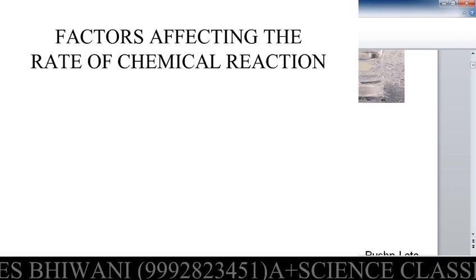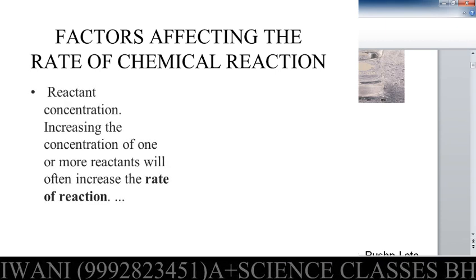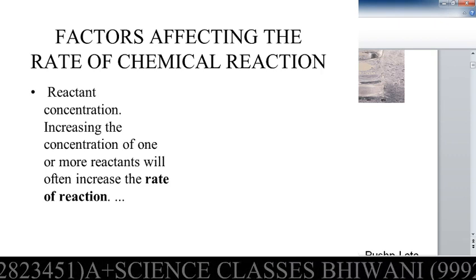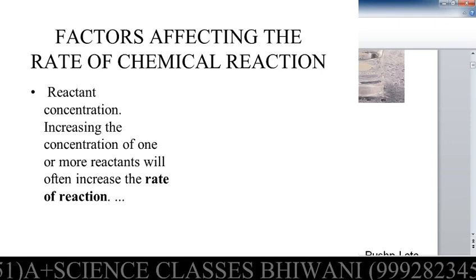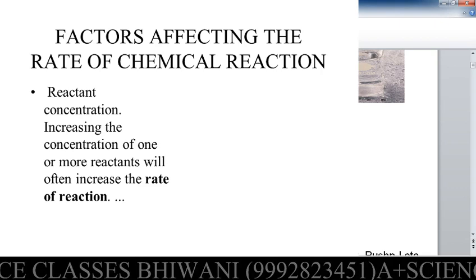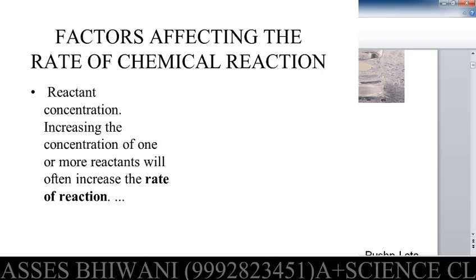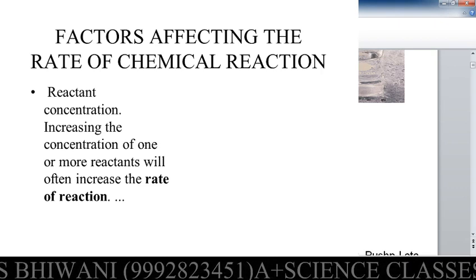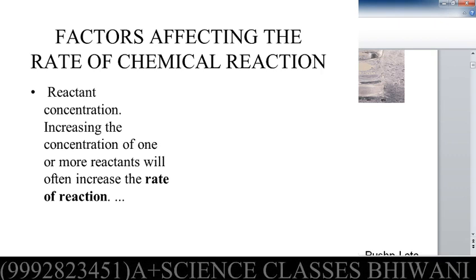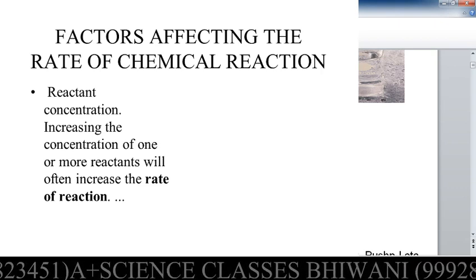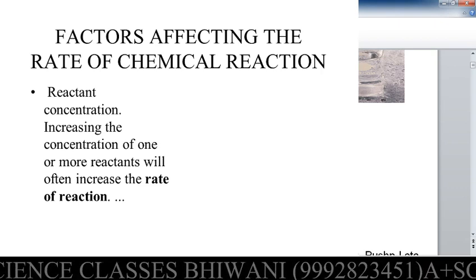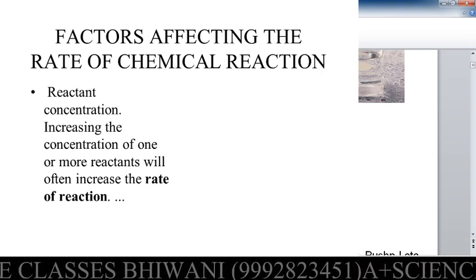The first one is concentration, the concentration of the reactants especially, because as we know the rate of reaction is dependent on the change in concentration, especially the change in concentration of the reactants. Suppose we take an example of two reactants, reactant A reacting with B in a test tube.